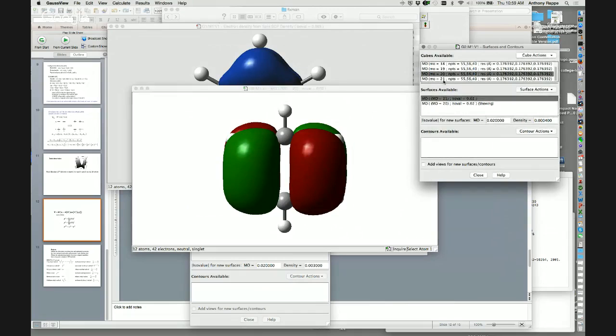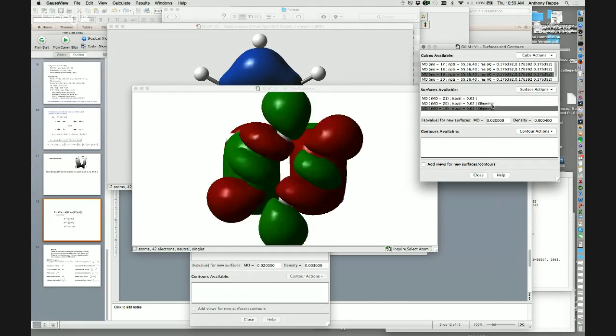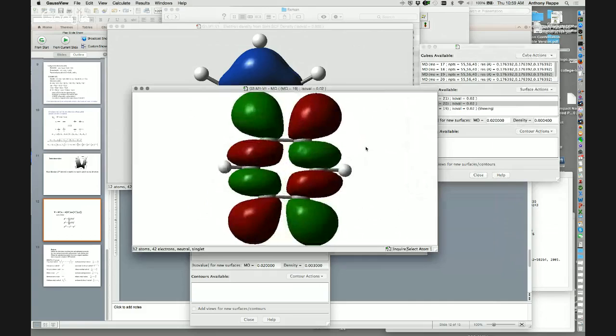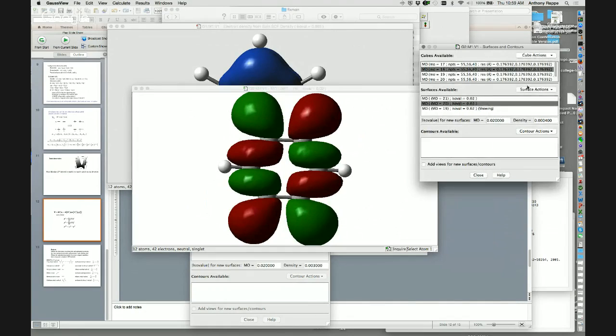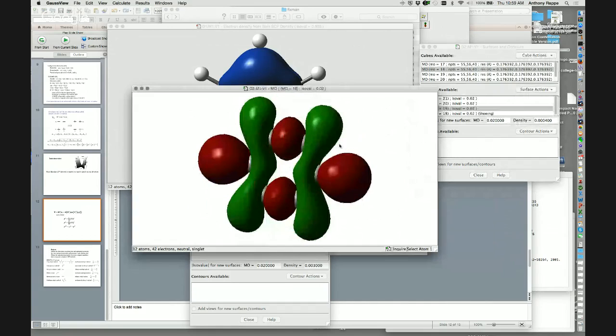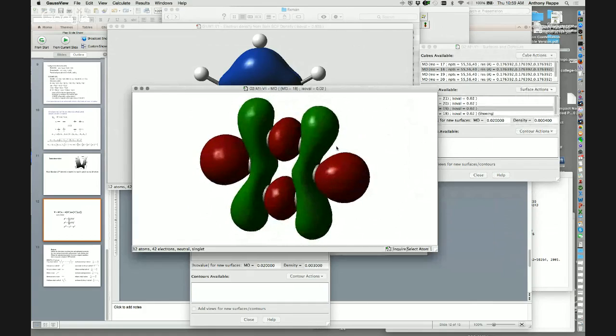The next one down, so we had 21, 20, those are pi. We look at 19. Orbital 19 is not pi, it's in the sigma system of benzene. We look at 18. It's also made of a combination of CH and CC sigma bonds.